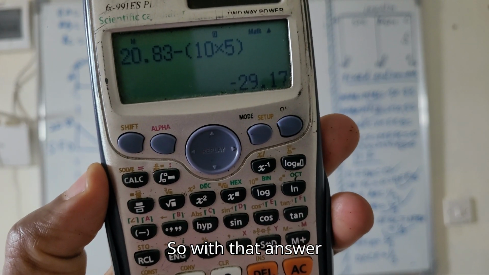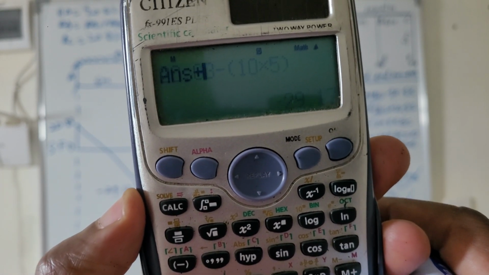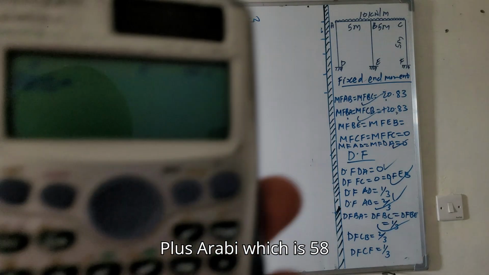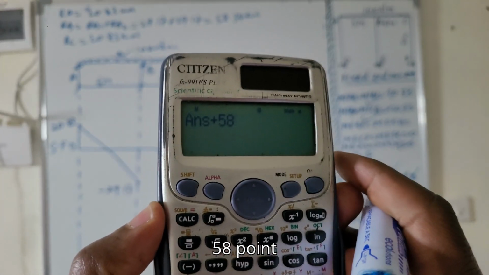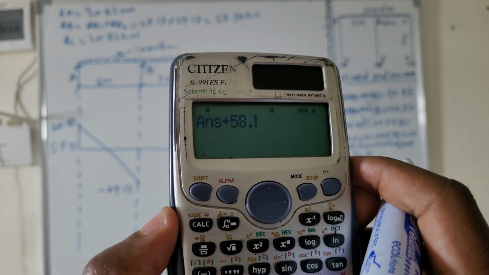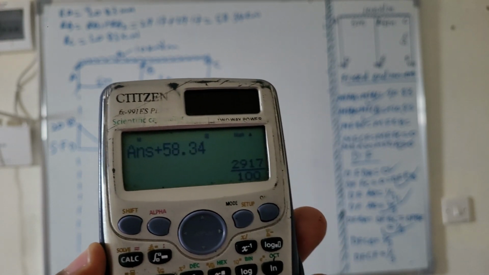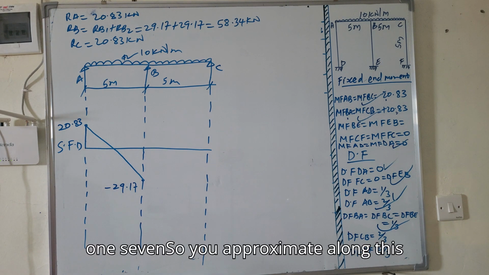So with that answer, say plus RB, which is 58.34. You get 29.17.